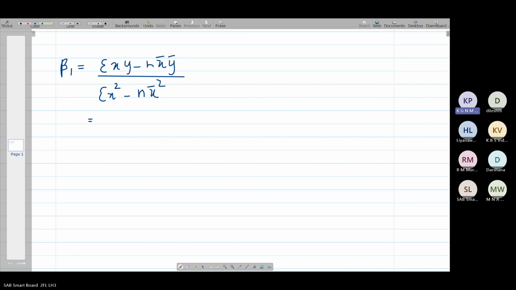Then here, first we find beta 1. Beta 1 is sigma xy minus n x bar y bar, divided by sigma x squared minus n x bar squared. What are the values?